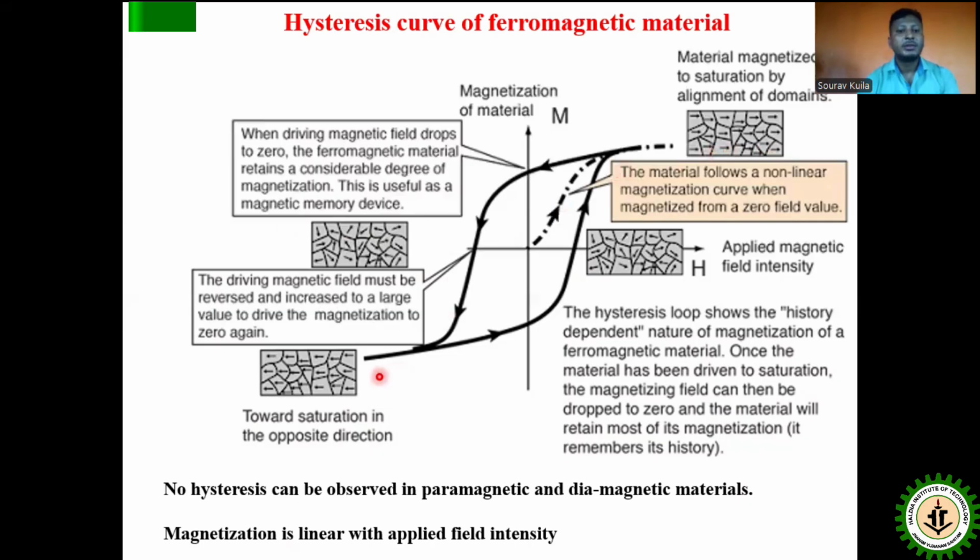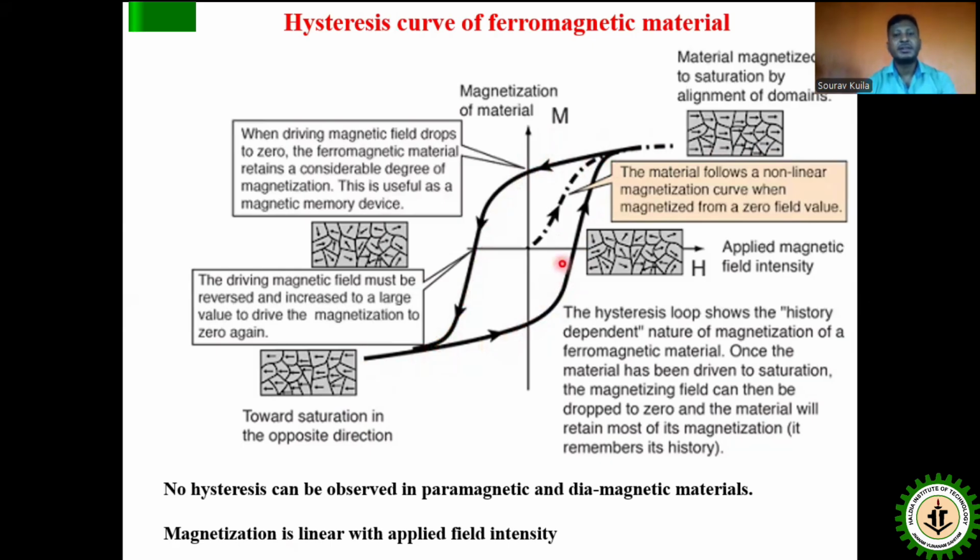Then again, if you decrease the reverse magnetic field, it gives you a similar kind of graph with respect to the first curve. So this curve is called magnetic hysteresis.